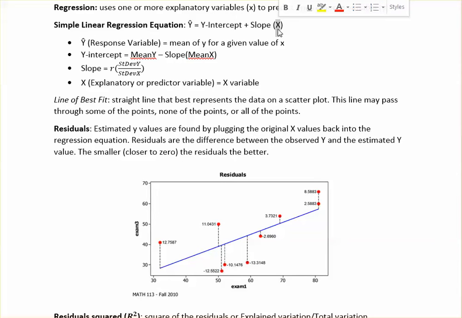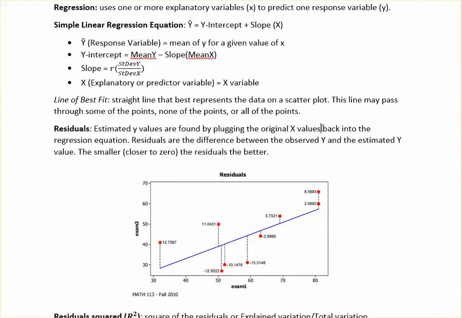So once you find this regression equation, you put your x value back in, with the y-intercept and the slope, to get your y value. Then the residual is the difference between the observed y and the estimated y. The observed y is what you actually have, and the estimated y is what this is.